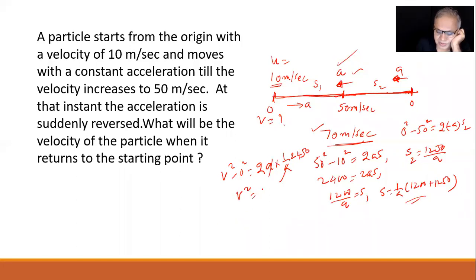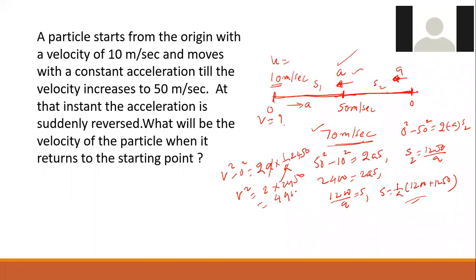So v square equals 2 into 2450. How much is this? 4900. 4900. So v is 70, right? Yes, sir.